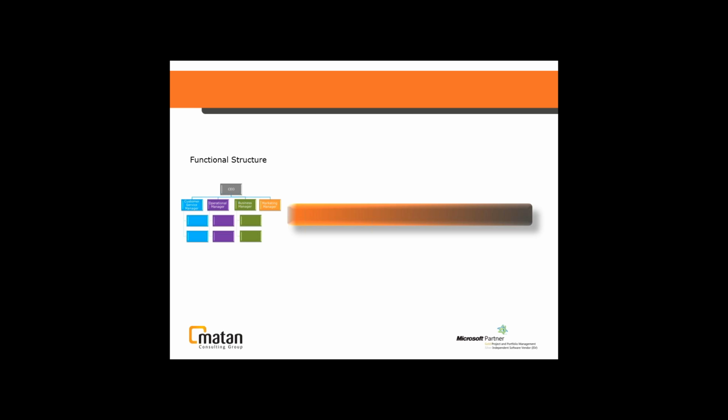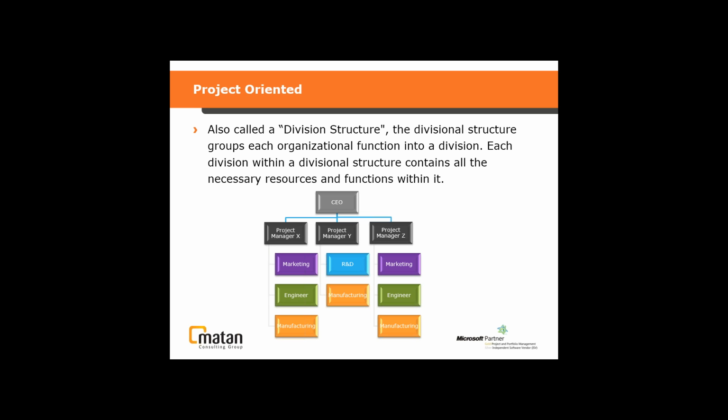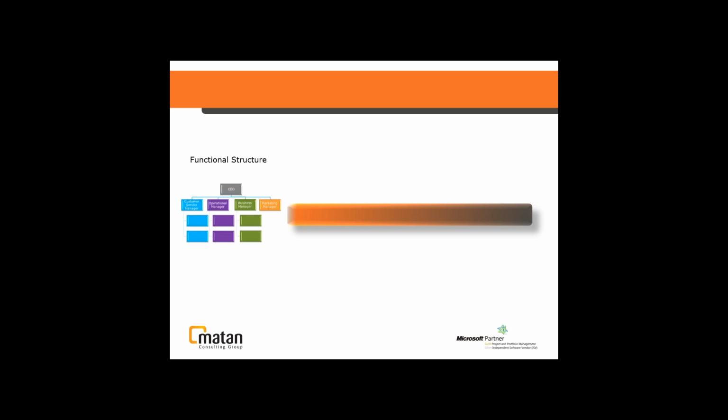So I talked briefly about the functional structure, and now I'll talk about the project-oriented structure. Before I dive into this, I just want to emphasize that when we talk about a functional structure and implementing a project server in organizations like these, what we recommend is to have project files for each functional area because we want to match the way that they do their business.